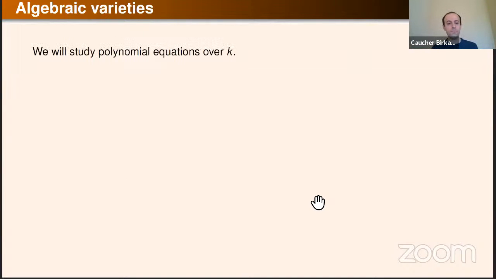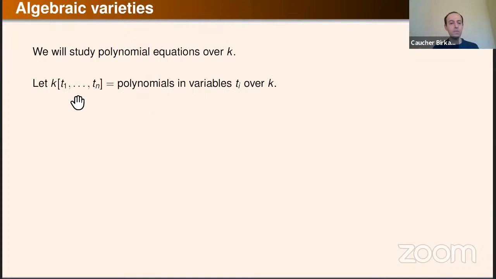Okay, so we have our fields and we want to study polynomial equations over this specific field. The first thing we can do is put all these polynomials together and get a ring.